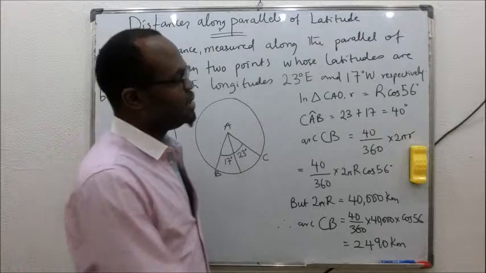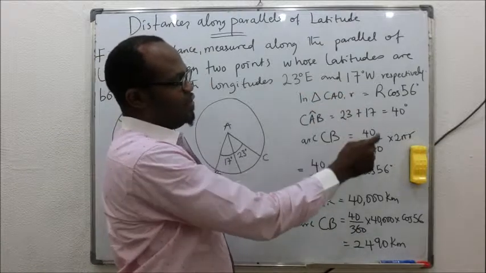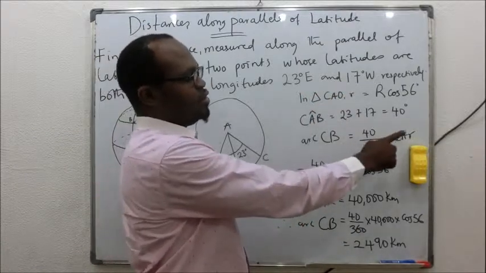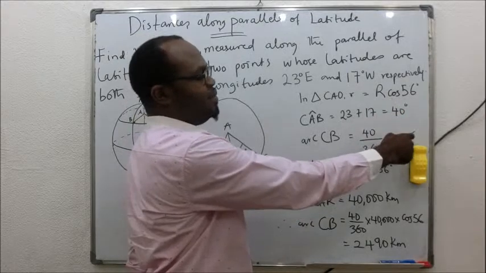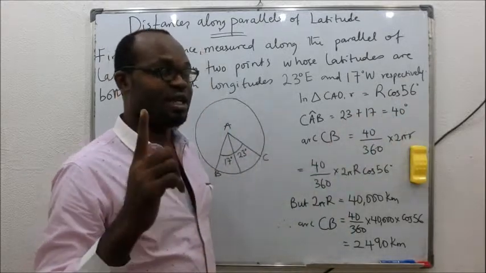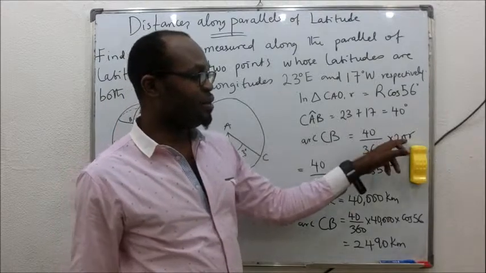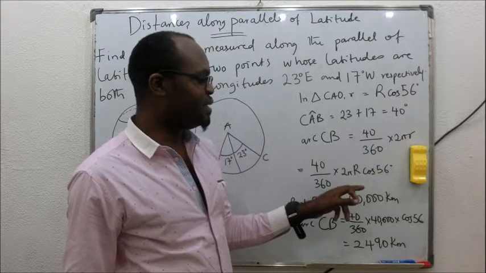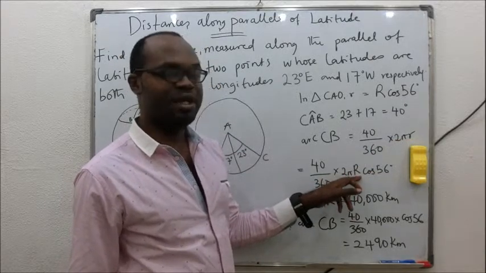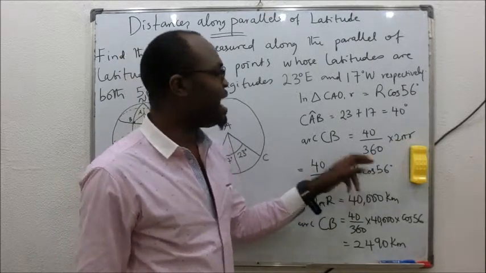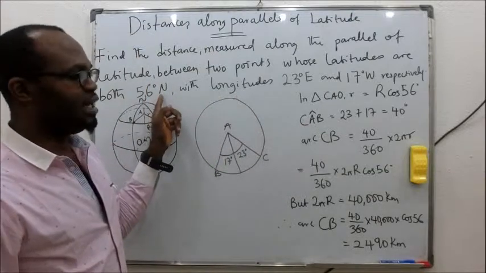It's still the same thing. Get the difference in angle all over 360 times 2 pi r. But instead of having the big R as in the calculation for great circles, you are now having small r. And the value of this small r is simply the big R cos the angle of the latitude.